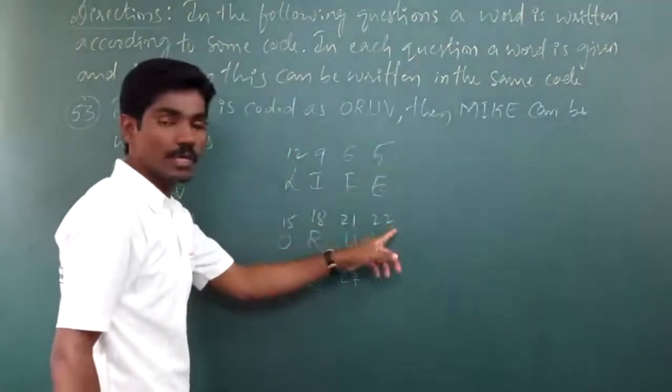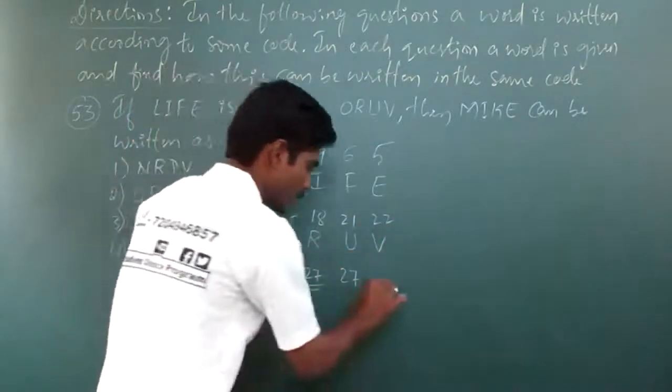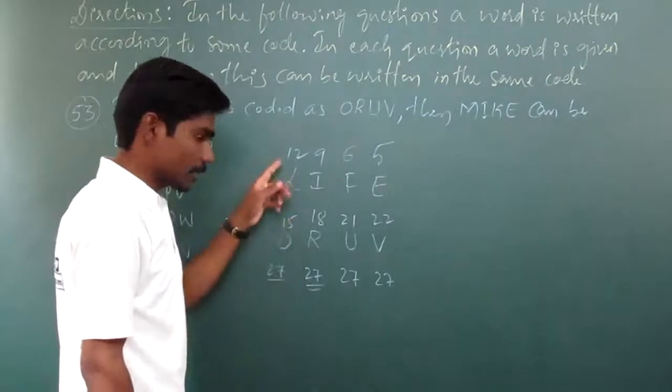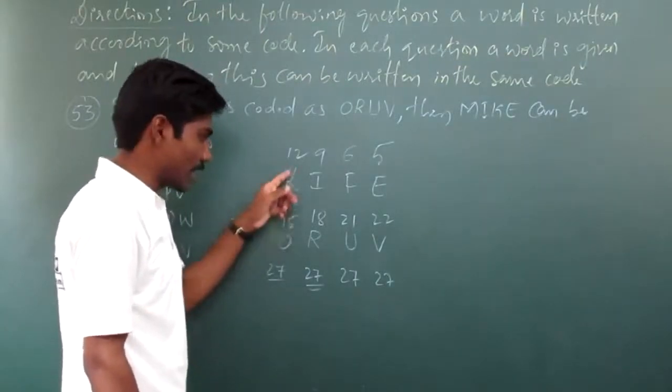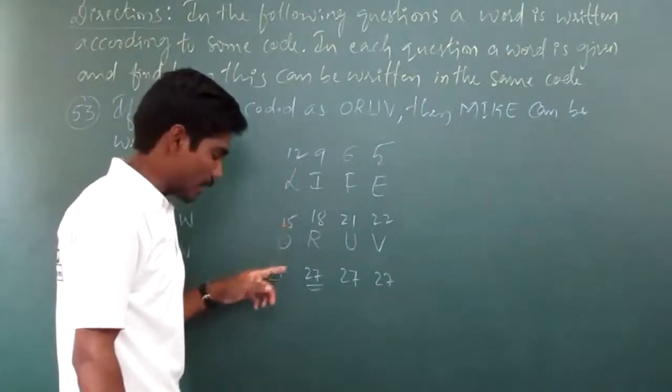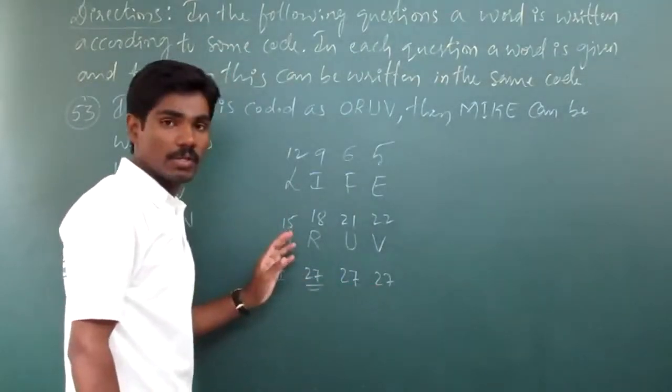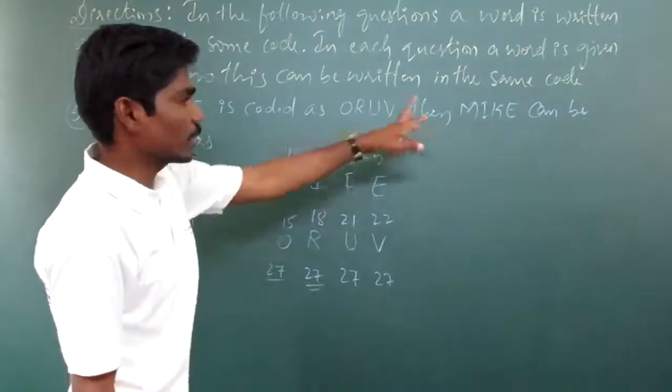And 5 plus 22 is what? Once again it is 27. That means when I add the positions of the letters, I am getting 27, 27, 27, 27. The same analogy I will use to write Mike.